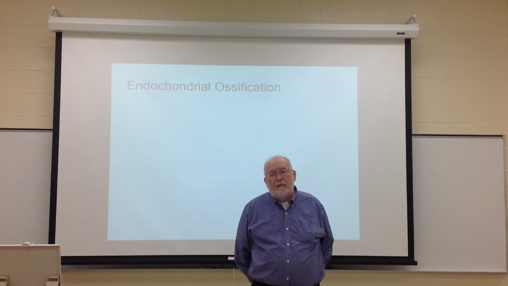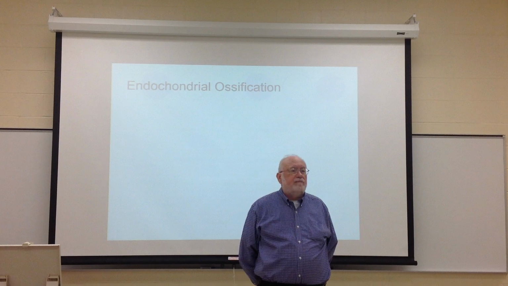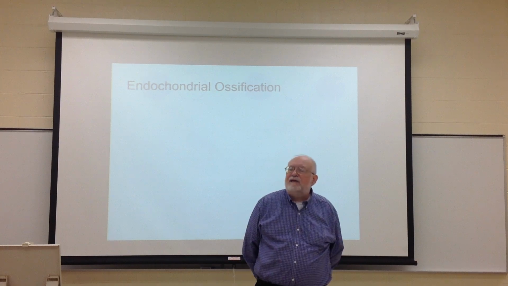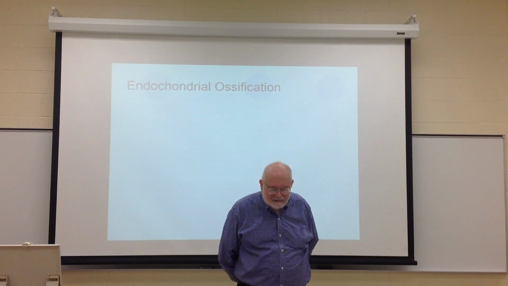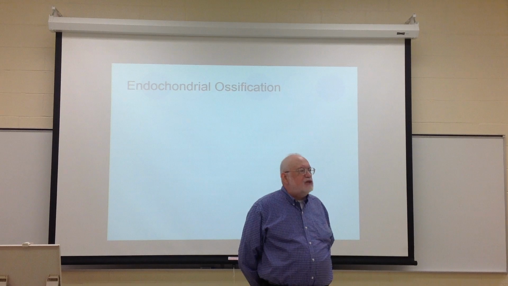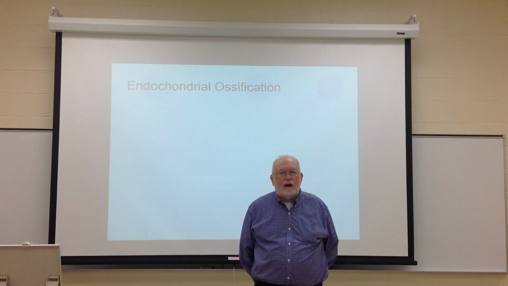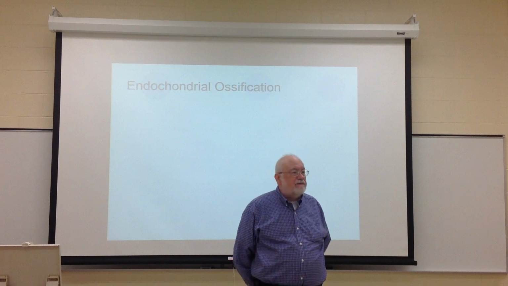So ossification starts, surrounds the cells. When you surround these osteoblasts with a calcified matrix, they transform into what? What's the mature bone cell called? Osteocytes, right? And so these ossification areas tend to enlarge and merge into these trabeculae of spongy bone.